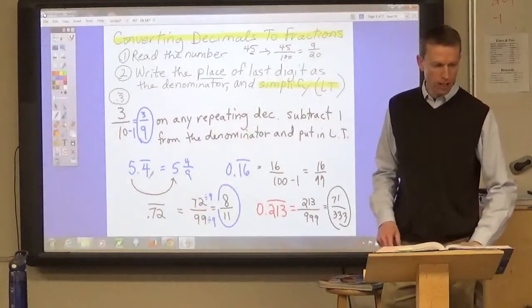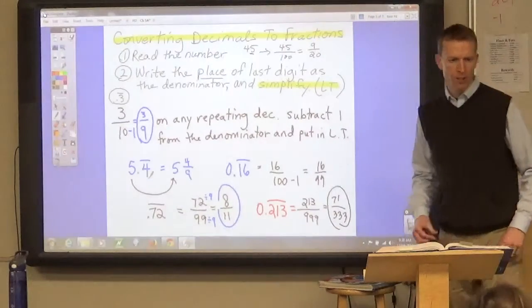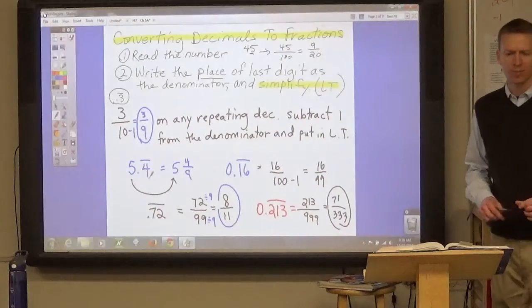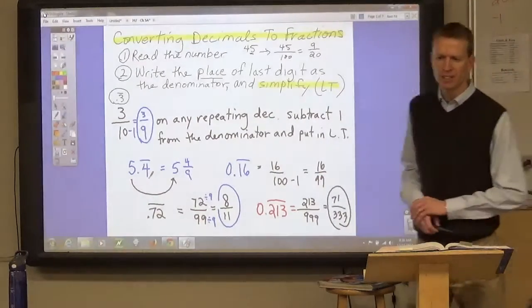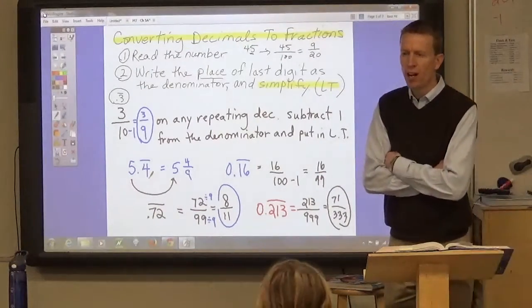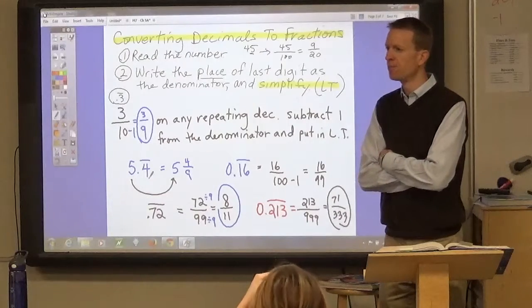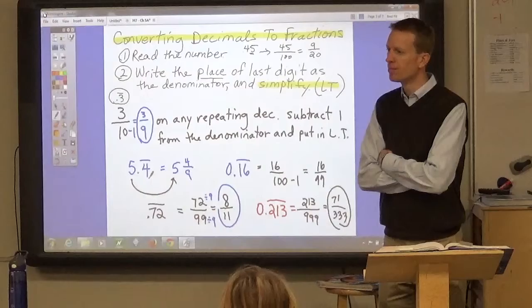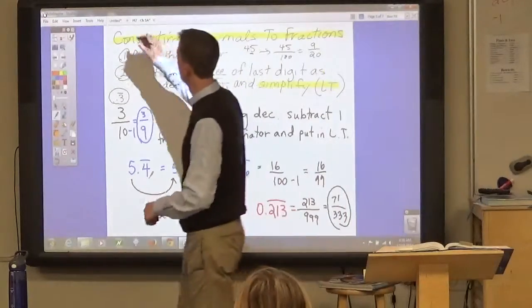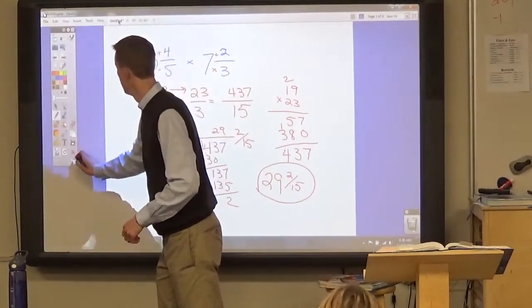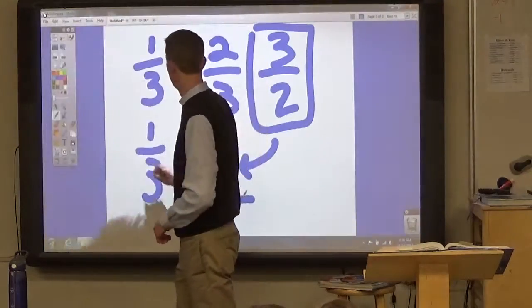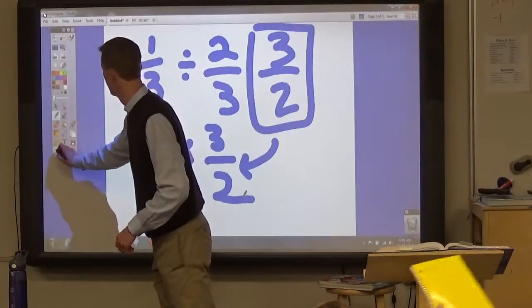Let's look at your worksheet. The first one, again, decimals to fractions. Let's go through a few of these. How would you do number 1? John? So, you would take, I don't know how to explain it.